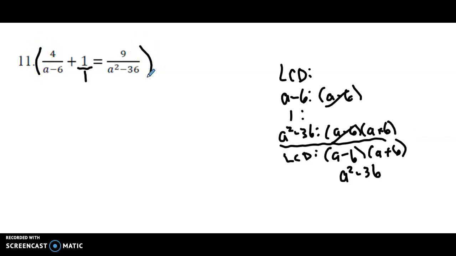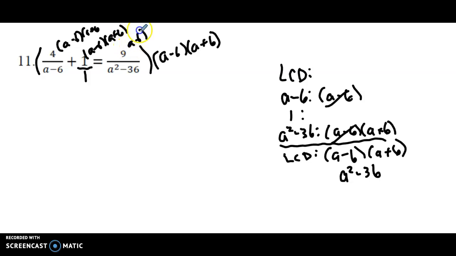I'm going to multiply each term by a minus 6 and a plus 6. In my first one, the a minus 6's will cancel. So I have to do 4 times a plus 6, which is 4a plus 24.